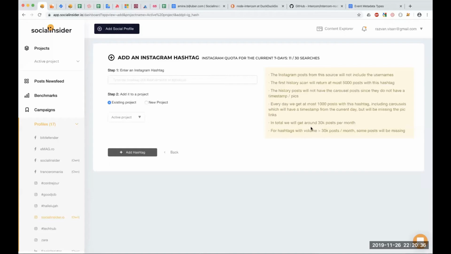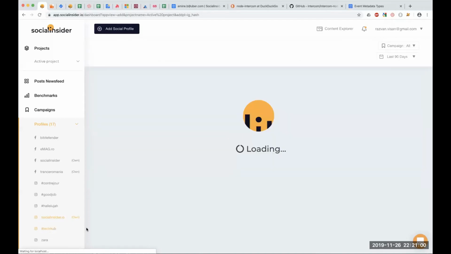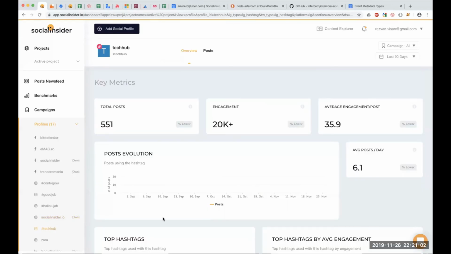One thing to note is that the carousels don't have the picture links in them. That's another API limitation. And if you have a hashtag with more than 30K posts per month, then some posts will indeed be missing. So let's take a look at Tech Hub.